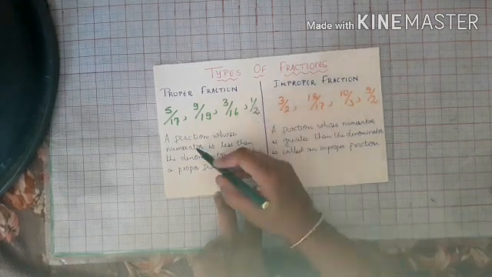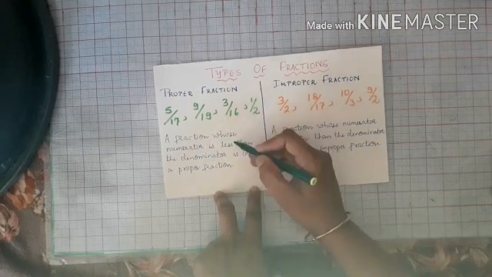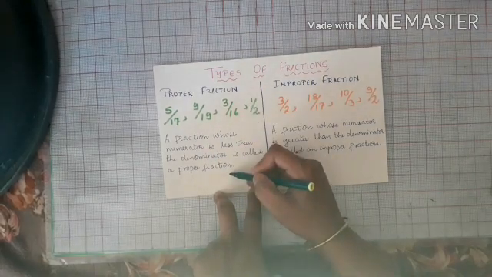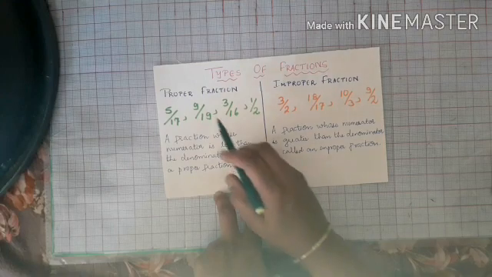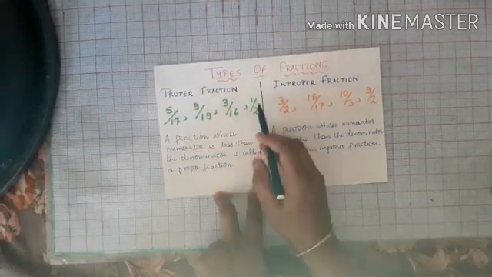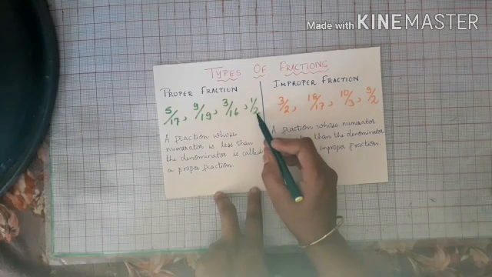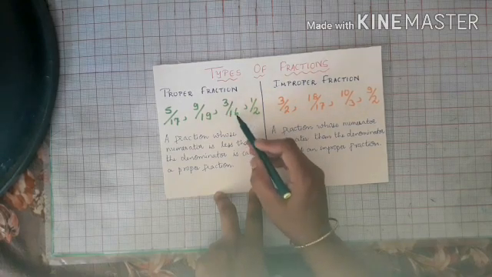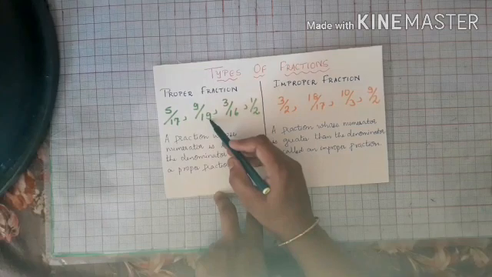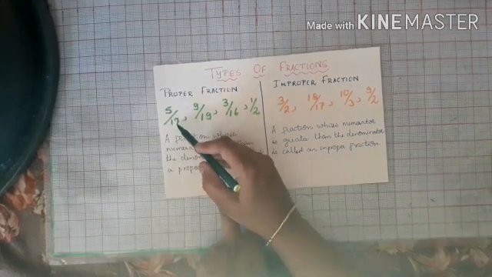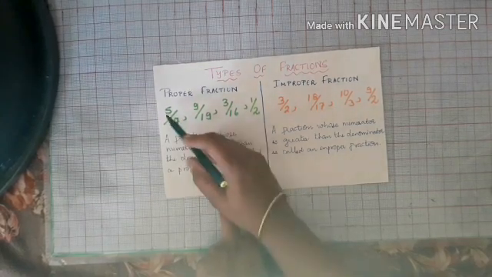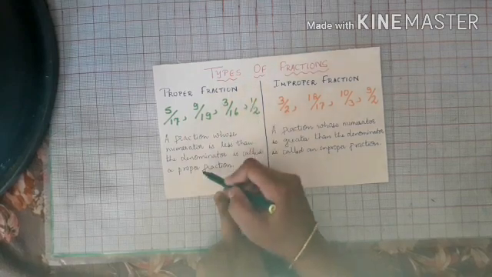If the numerator is less than the denominator, then it is known as a proper fraction. See the example given here. 1 is less than 2, 3 is less than 16, 9 is less than 19, 5 is less than 17. So in each case, the numerator is smaller than the denominator.